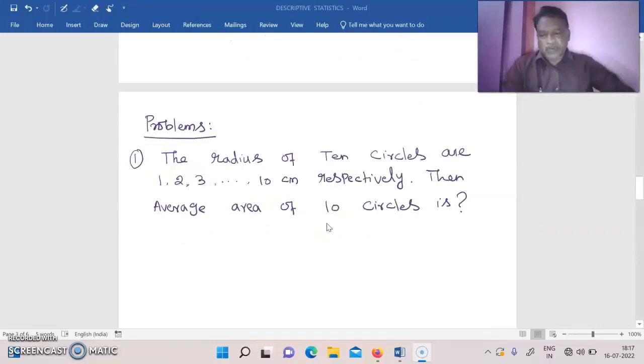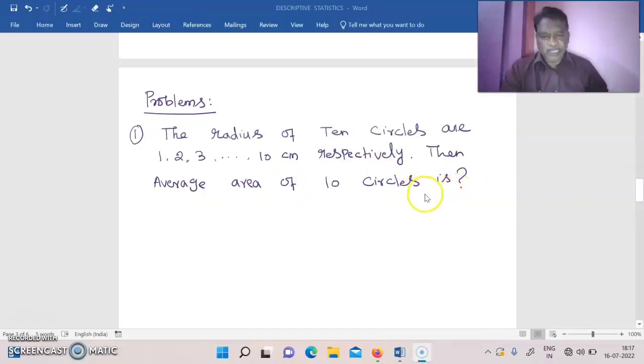I have given you one problem here. The radius of 10 circles are 1, 2, 3, up to 10 centimeter respectively. Then the average area of the 10 circles is, this is one category of problem. So how can the problem be answered?